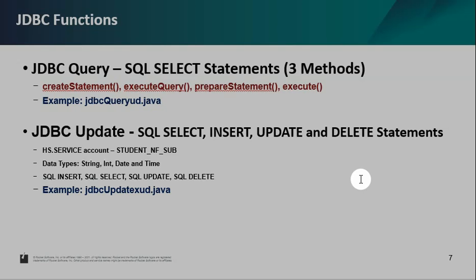You can look at the syntax and how it works, pretty straightforward. You can also try to insert, update, and delete. I have another sample program called JDBC Update XUD, which basically just does insert, query, update, and delete.